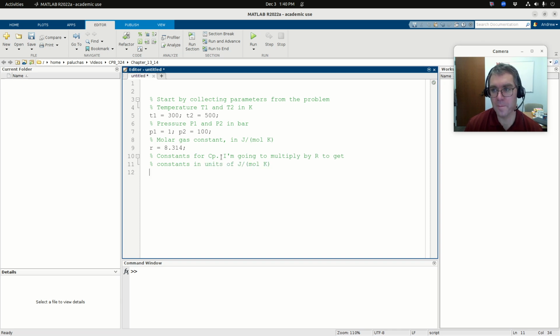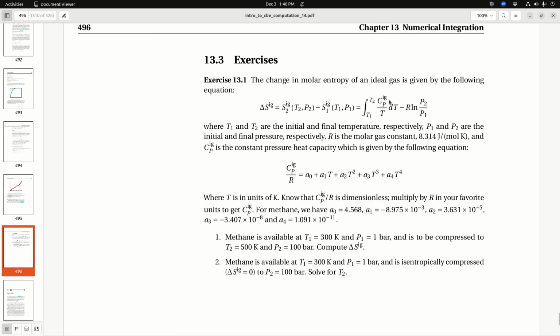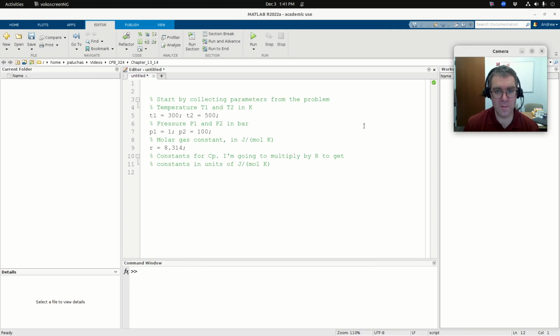T is already in Kelvin, right? So this is joules per mole Kelvin, but then the dT units cancel those units. R here is going to be joules per mole Kelvin, and this is dimensionless. Okay, so everything works out.